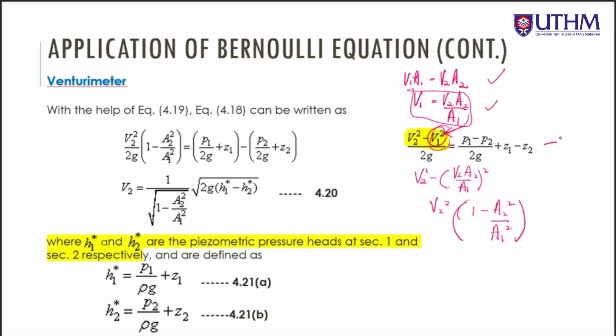This is 4.18 tadilah. This is 4.19. Okay, kita replace, and then this is all mathematical procedure lah, kita akan dapat macam ni, and then kita akan dapat this part lah, macam ni. Alright, so dia akan jadi macam ni.